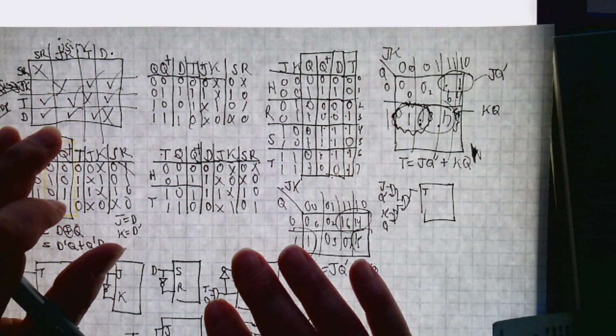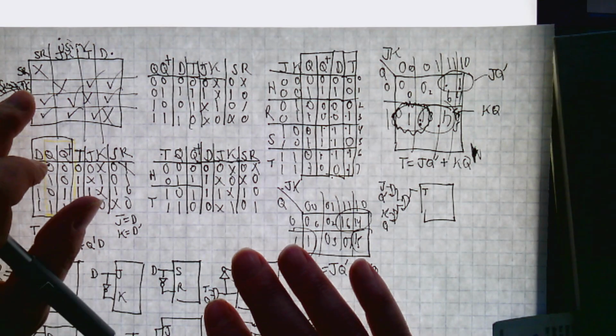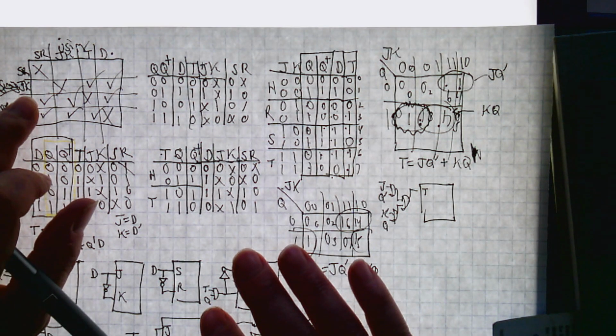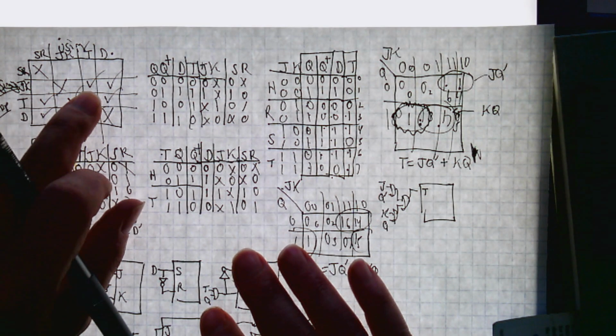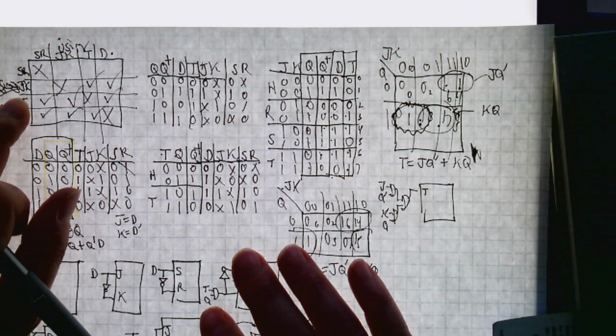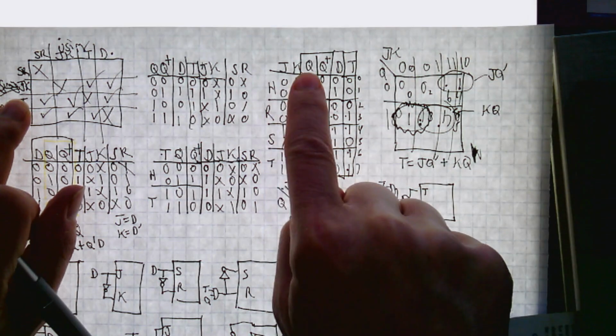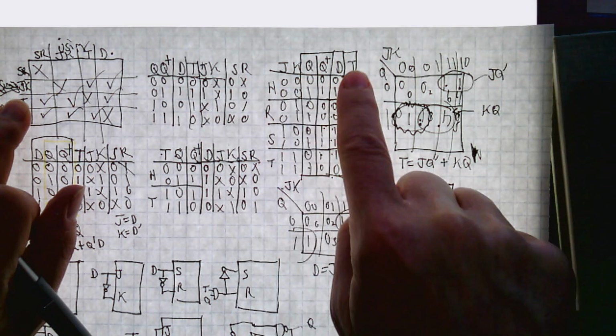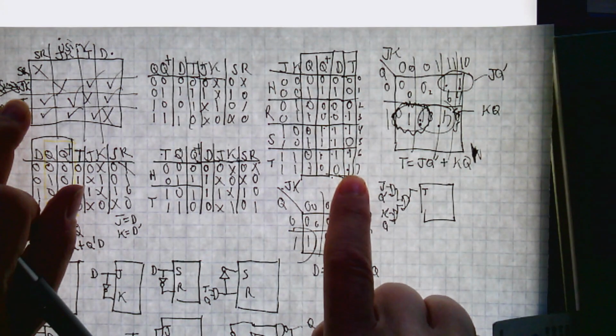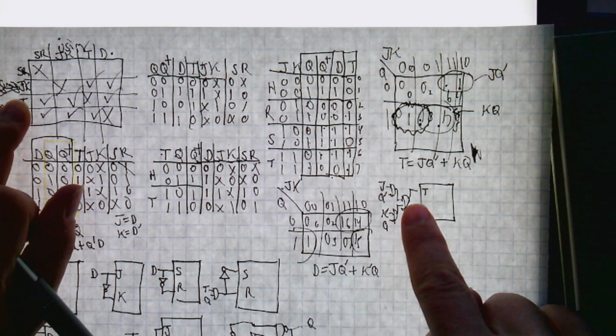And so what we did was I said if I want to implement a T flip-flop using a JK flip-flop, then I would need to somehow describe how JK flip-flops work, what it is I wanted from the T flip-flop, and then use a minimal form in order to express an equation for the T flip-flop input in terms of J and K.